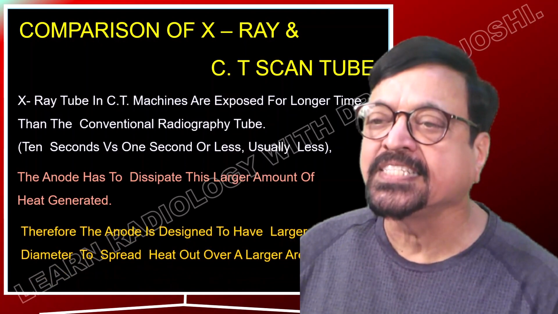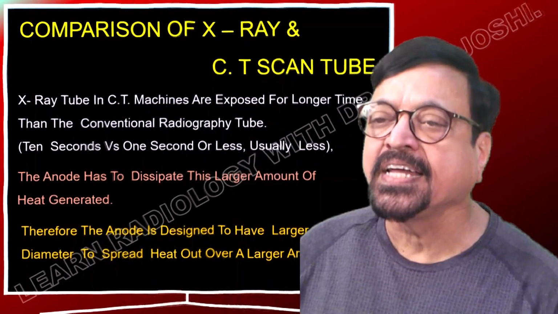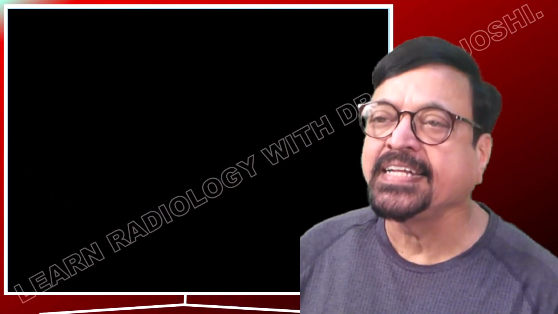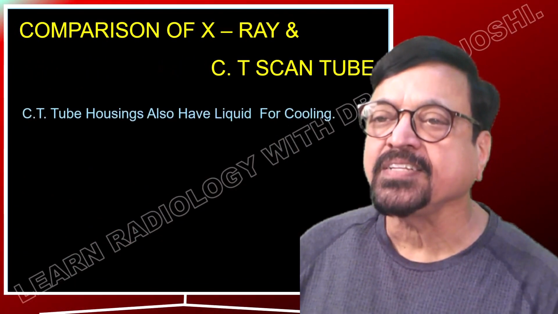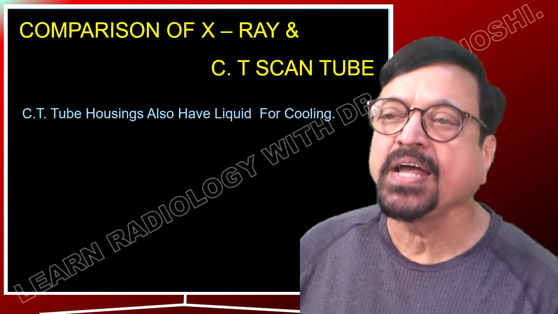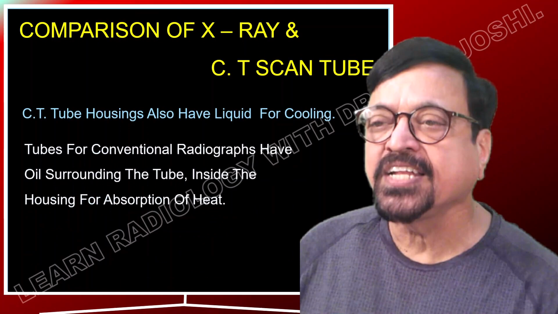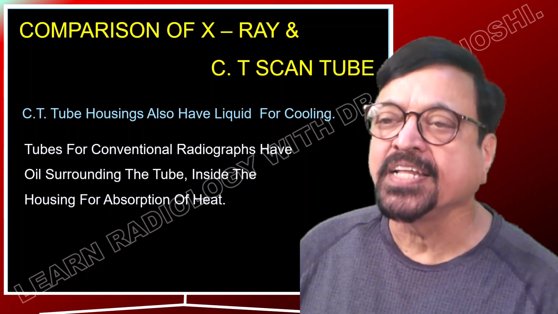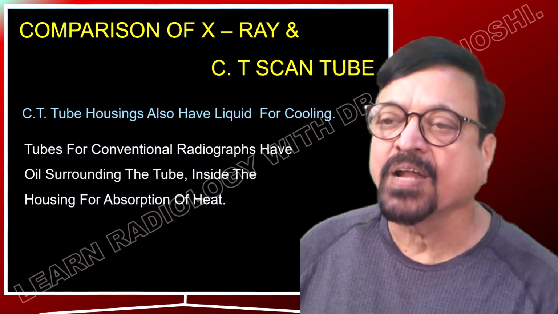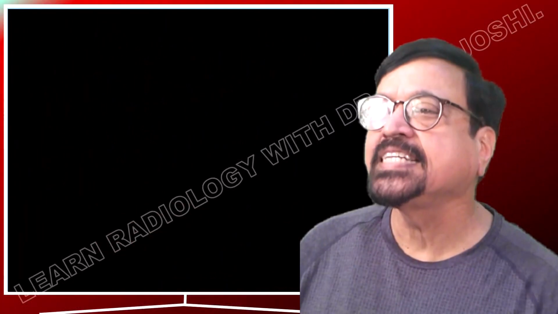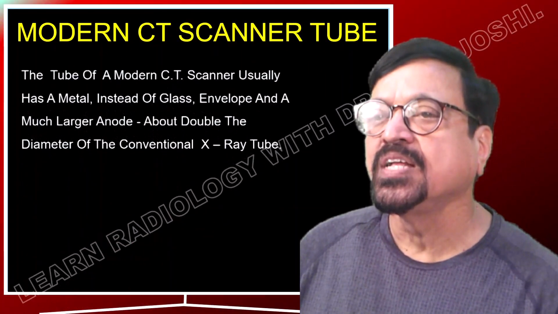Therefore, the anode is designed to have a larger diameter to speed up heat dissipation. Now, the CT tube housing also has liquid for cooling. Tubes for conventional radiographs have oil surrounding the tube inside the housing for absorption of the heat. Now, these are the differences between these two.